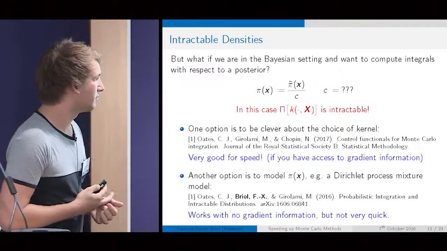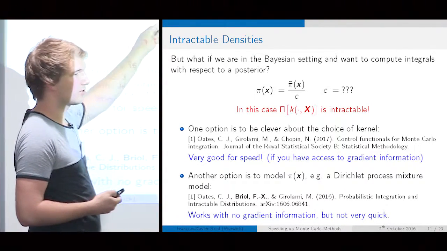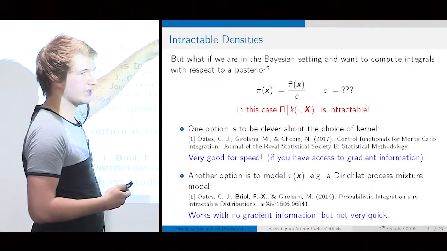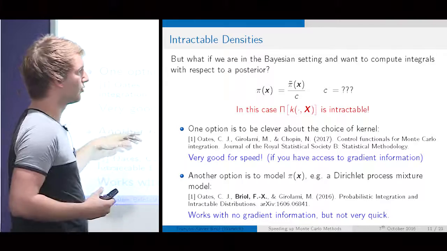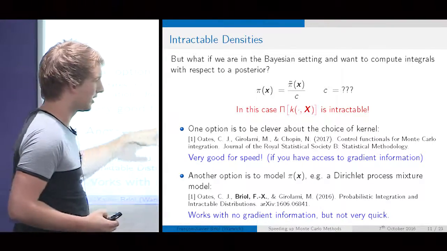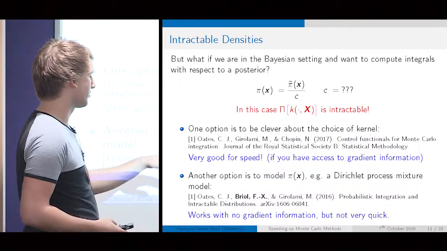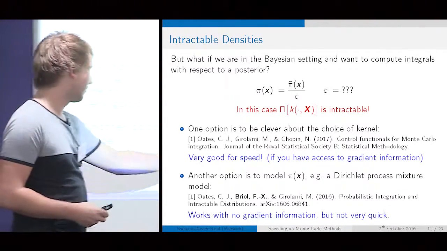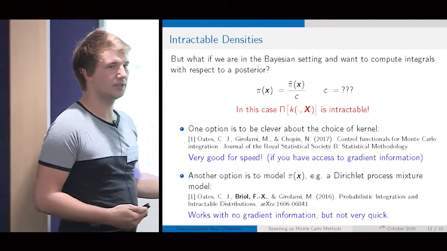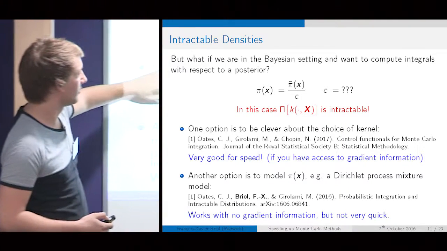Another option which we've worked on is, as I did for my integrand f, where I provided a model of it with my kernel, I can do exactly the same and use a non-parametric model of pi, and then you can make things tractable this way. Here we've used a Dirichlet process mixture model to do this. Now, the problem with this is that it's not very quick, but it also doesn't need gradient information. So now I'll focus on explaining this part.